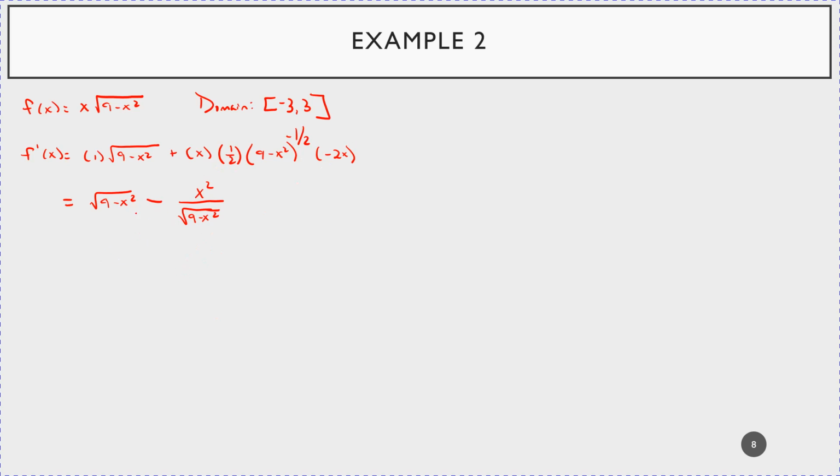So what I'm going to have to do is put this over a common denominator to solve it. So the common denominator here, this is really over 1. So what I'm going to do is multiply into this first one the square root of 9 minus x squared. Well, when I multiply the square root of 9 minus x squared times, in the numerator here, 9 minus x squared, you just get 9 minus x squared.